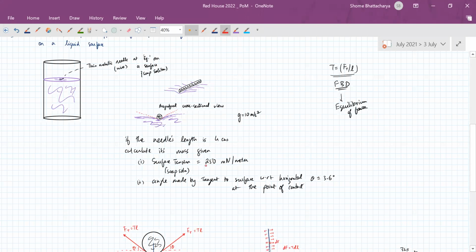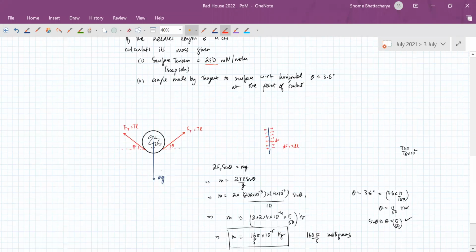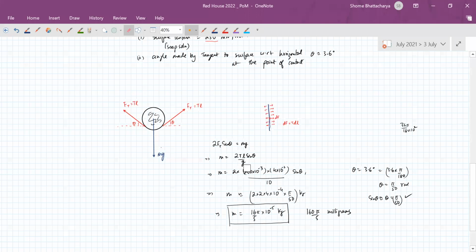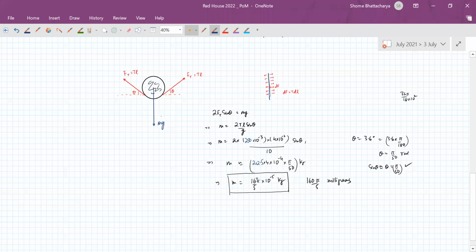So I'll have to make a correction. So this will become 4 pi by 5 into.